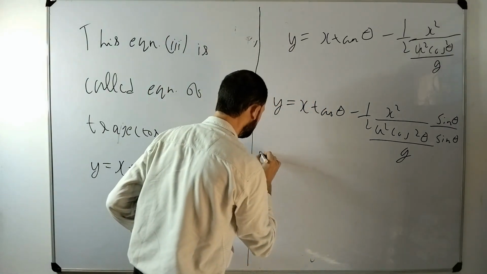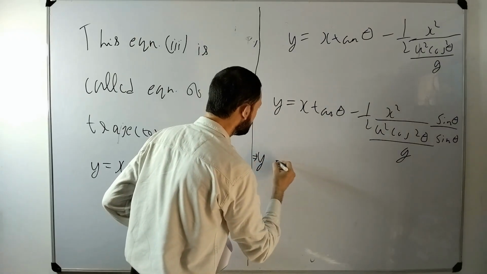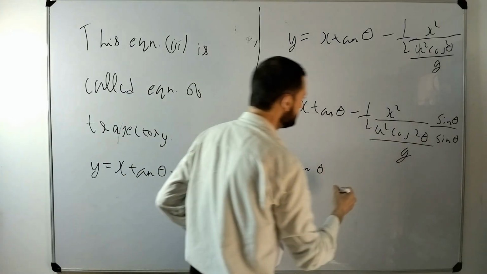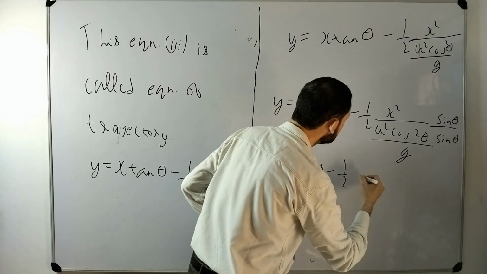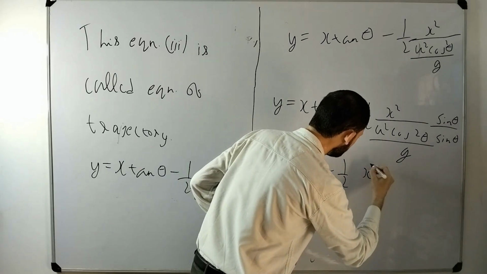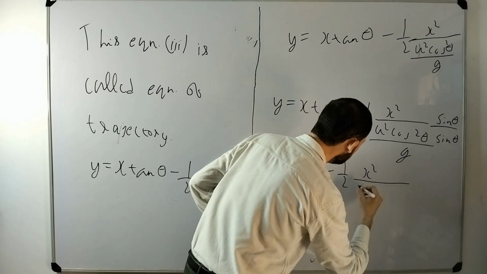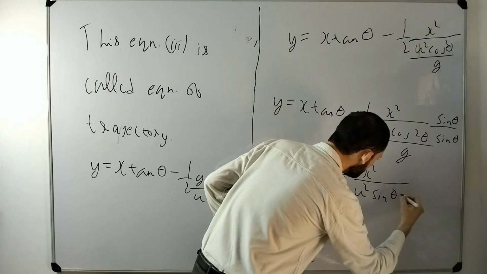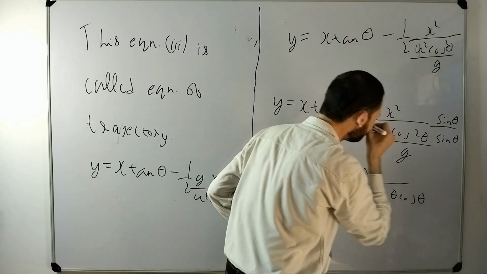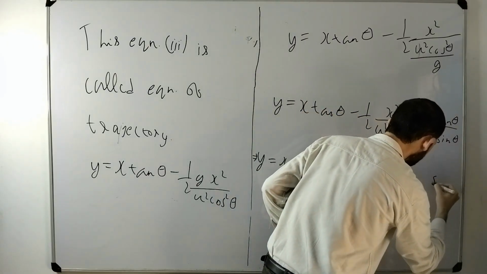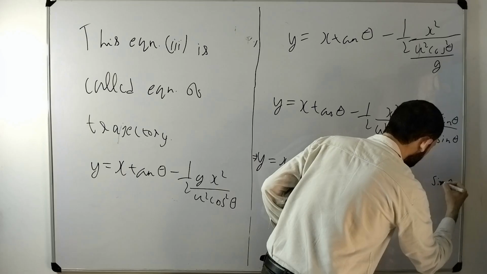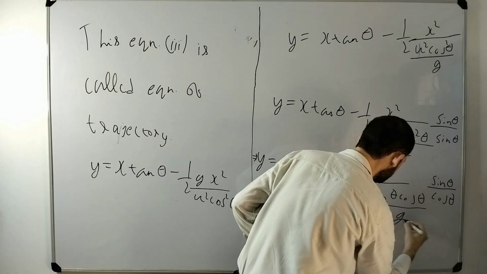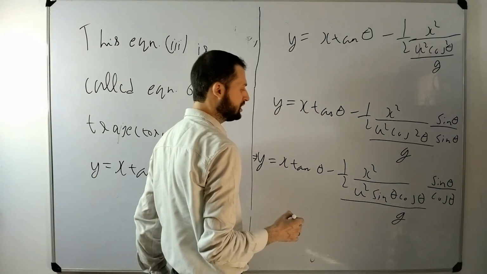Now you will see why I have written it this way. y is equal to x tan theta, right students, minus half, x square, and u square sin theta cos theta, and this is sin theta, and this is cos theta, upon g.